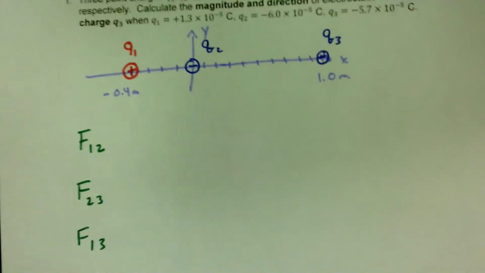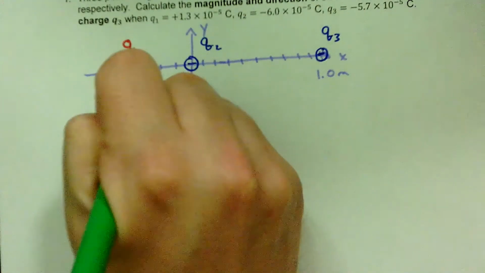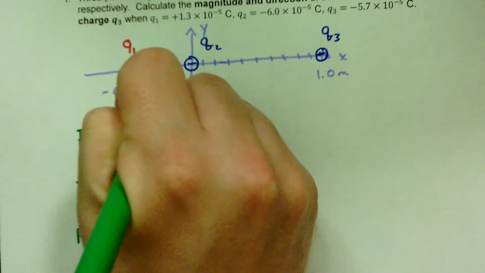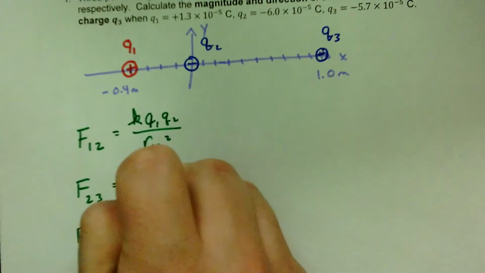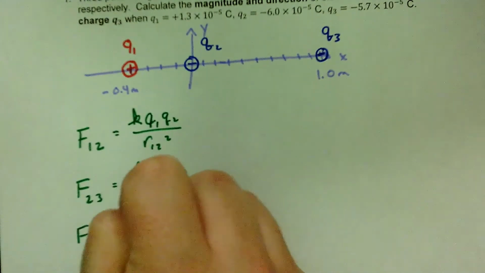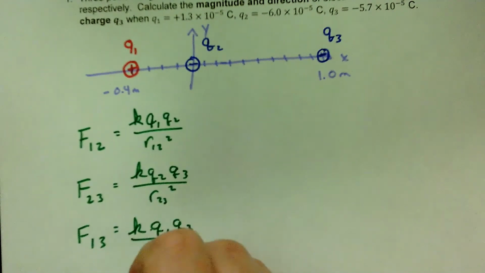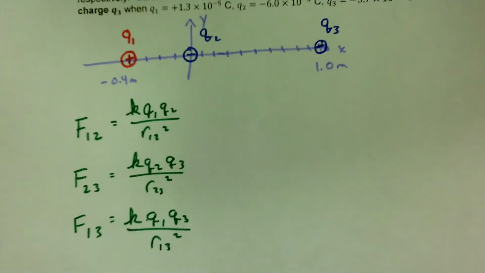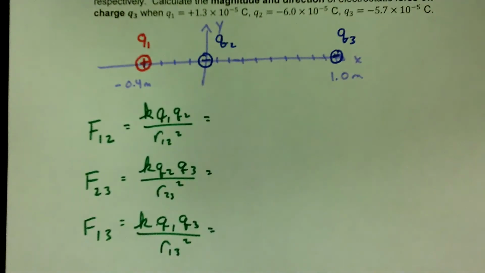I'm going to write this as k Q1 Q2 divided by r12 squared. This is k Q2 Q3 divided by r23 squared. And this is k Q1 Q3 divided by r13 squared. I ask you to try and calculate the magnitude of these. When I say magnitude, don't worry about whether it's positive or negative.